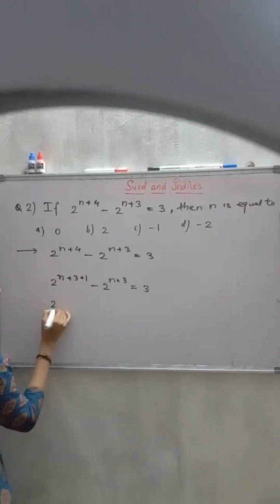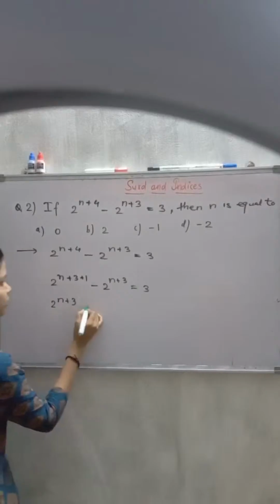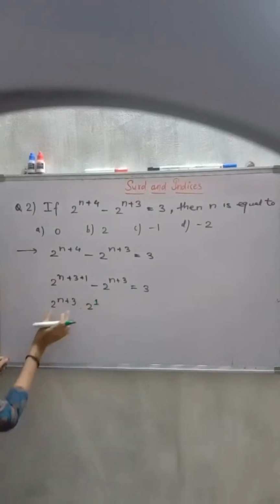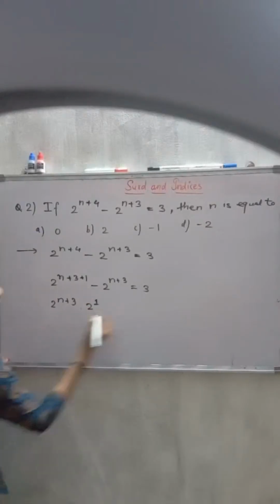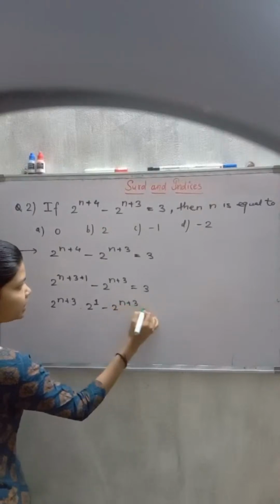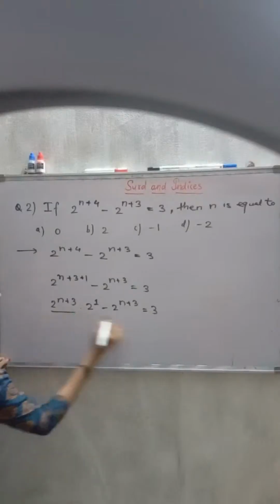Now we can write this as 2 raised to n plus 3 into 2 power 1. Since the bases are same, we add the powers, same way we split the power, minus 2 raised to n plus 3 equal to 3. Now in both the terms, 2 raised to n plus 3 is common.